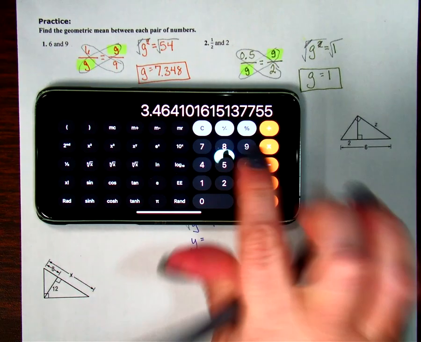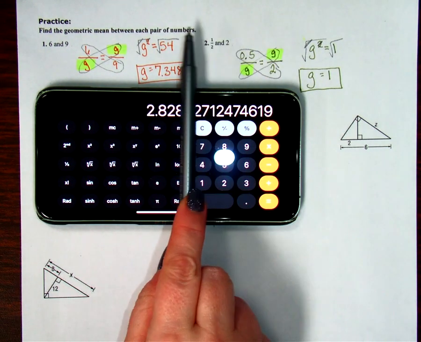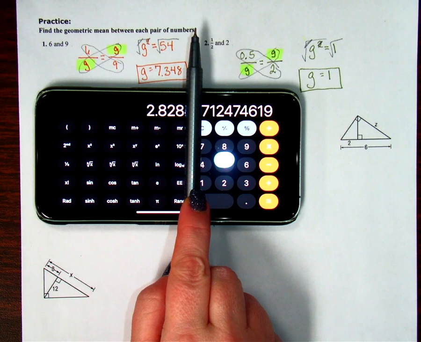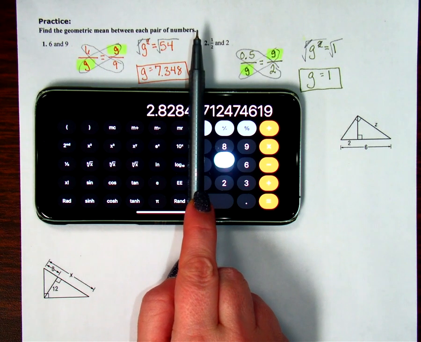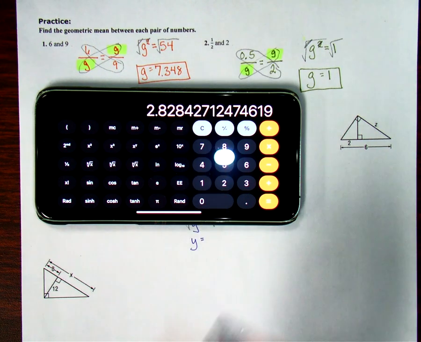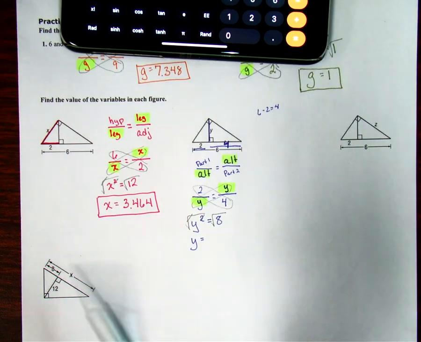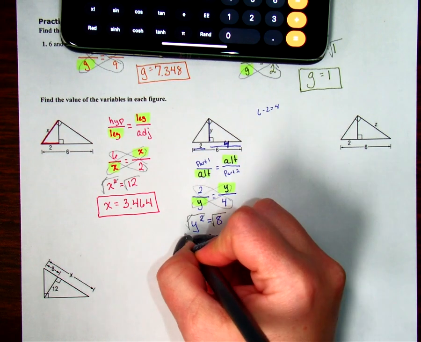So clear that out. 8 square root, round to 3 decimal places. So 2.828, look after that 8, and we get a 4. So I don't have to round it up. It's just 2.828. Okay, 2.828 is my answer.